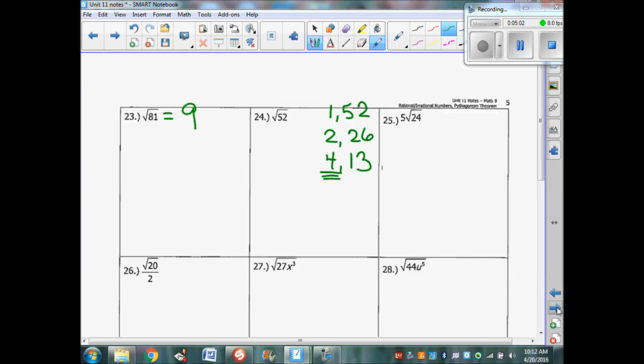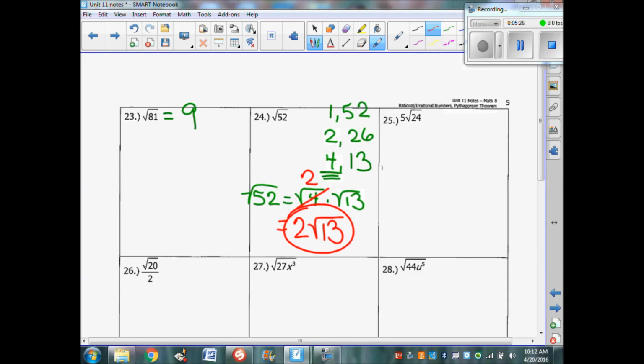And I'm going to stop right there because I see a perfect square. So the square root of 52 is equal to the square root of 4 times the square root of 13. The square root of 4 is perfect, 2. So I'm left with 2 square roots of 13. 13 is not perfect, leave it alone.